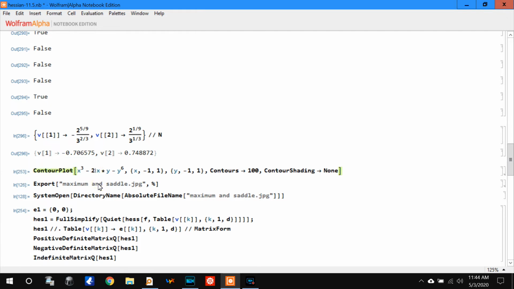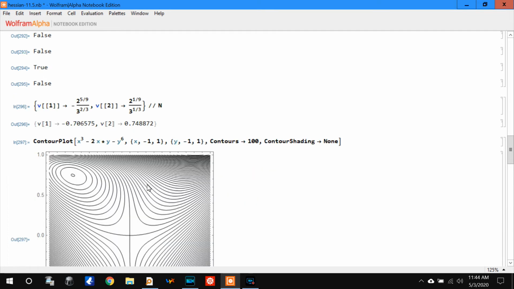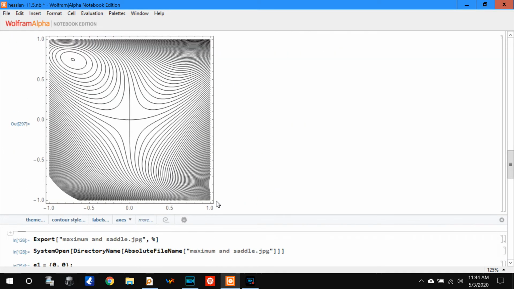Here is something kind of visual, if you like to see something, although this might make you dizzy. Okay, so that is the function that we are considering. That's just one way to visualize it.